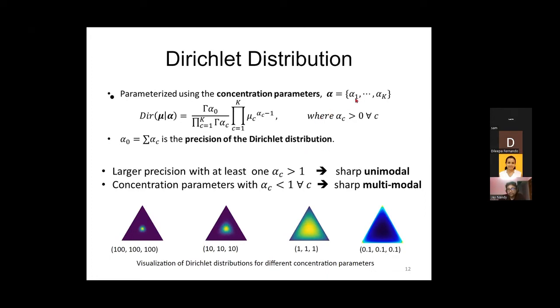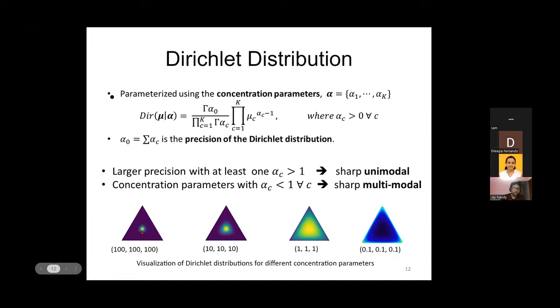Now instead of that, a Dirichlet distribution requires producing some value alpha that is greater than 0, and that's all. Suppose we have an image containing a cat, dog, and cow, and the neural network is producing 100, 100, 100 for all these classes.